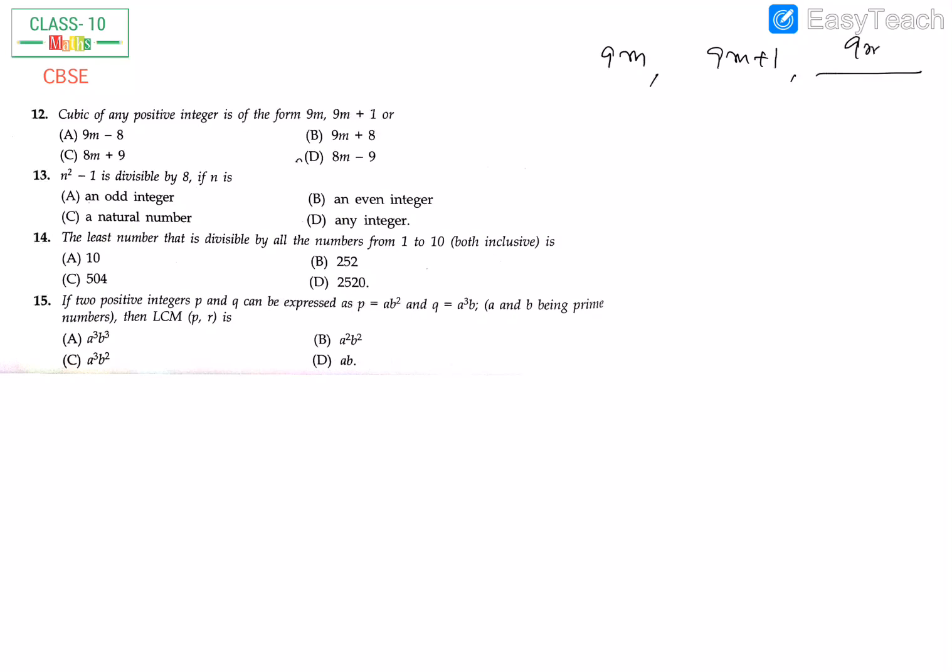Clearly this is 9m plus 8. The reason is, if m is equal to 0, then 9 into 0, this is 0, this is 1, and this is 8. This is the cube of 0, this is the cube of 1, and this is the cube of 2. So this gives a cubic number.